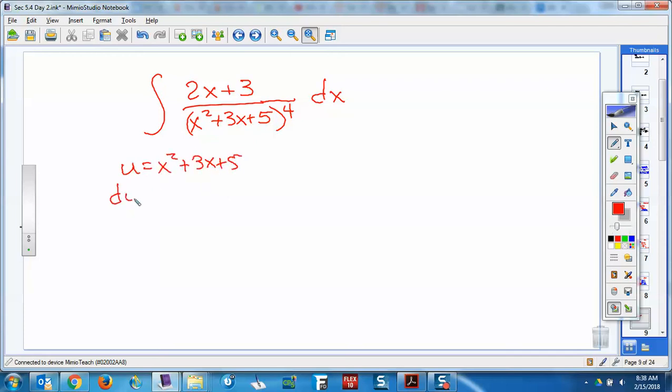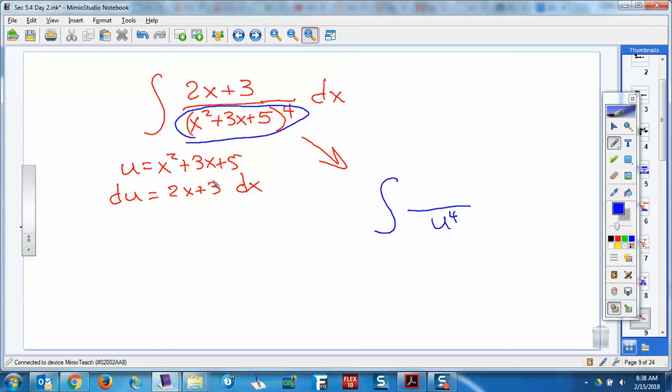The du, the derivative is 2x plus 3, and there'll be a dx there because I brought it over, right, in the invisible step that I'm skipping. And then we say, okay, what's our new integral? So our new integral, we're going to take all of that bottom and make that u to the 4th, right, because that's my u. The du is all right there, so I'm going to put that over there, which means I got a 1 there.